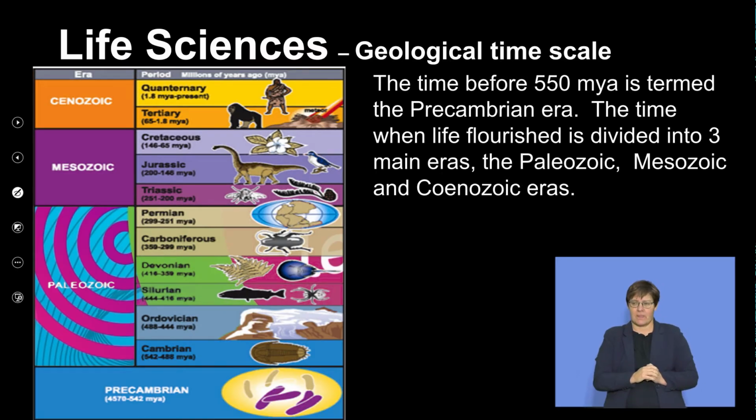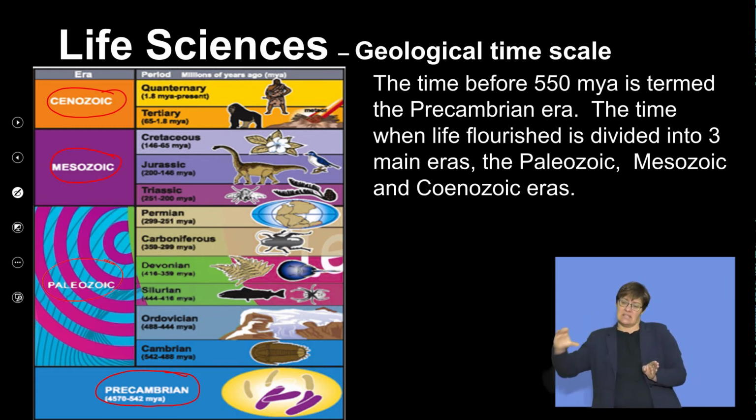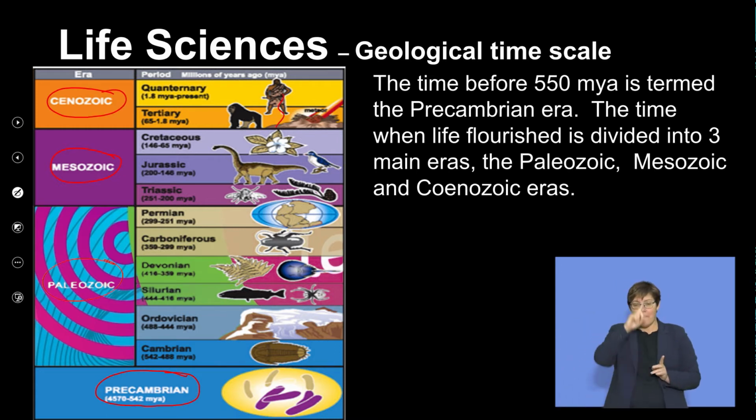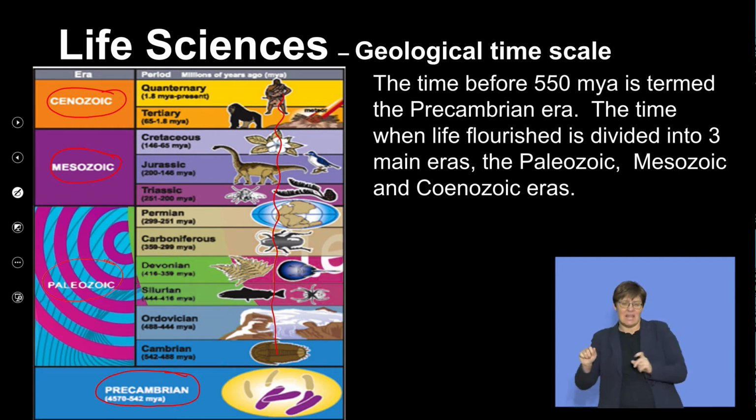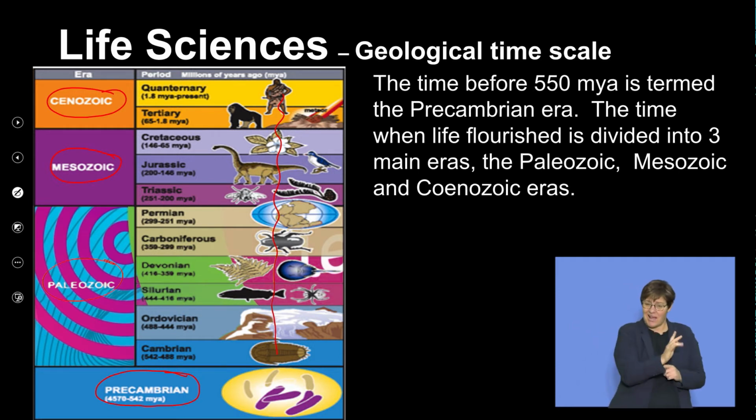Now, looking at a geological timescale, we looked at this particular one. Before 550 million years ago, we call the pre-Cambrian time, and then the three different eras: Paleozoic, Mesozoic, and Cenozoic, with pictures of all the different animals and plants that lived on Earth at that particular time.